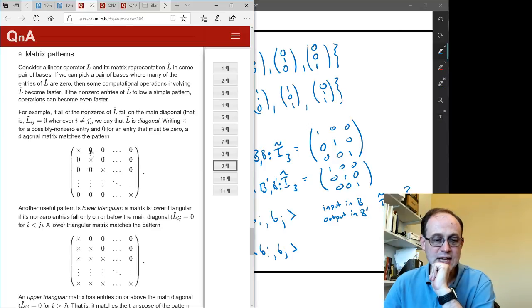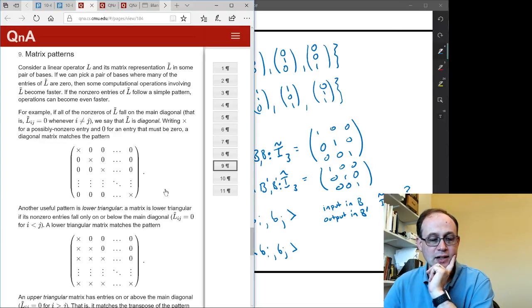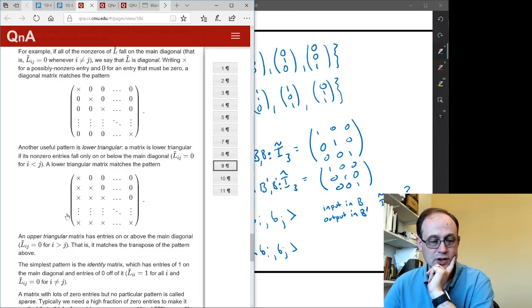So the first one is a diagonal matrix, meaning that you have zero entries everywhere that's not on the main diagonal and non-zero entries everywhere there are x's, or potentially non-zero. It's okay to have a zero entry on the diagonal, but it's not okay to have a non-zero entry off the diagonal. Right? Slightly more general than diagonal is lower triangular. So here's a picture of lower triangular, but it means that all of the non-zero entries fall on or below the main diagonal.